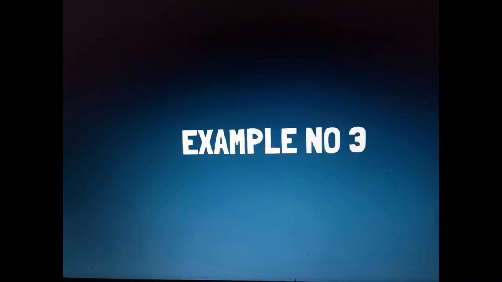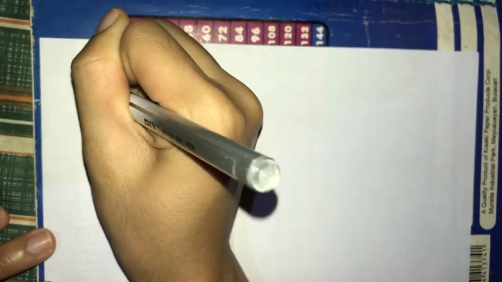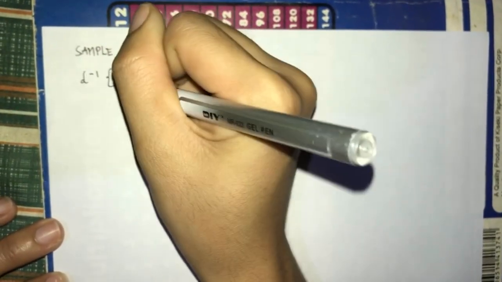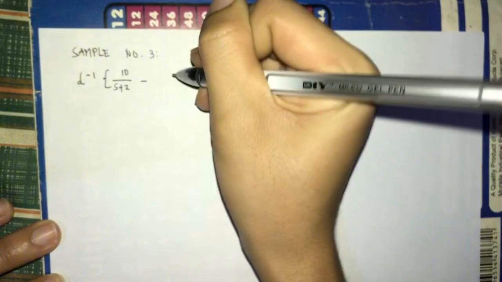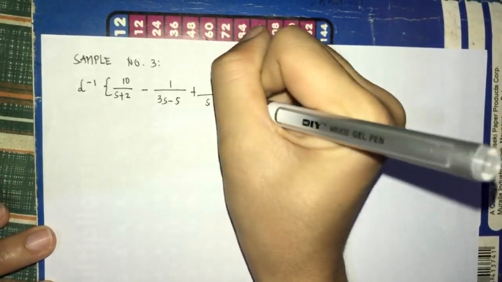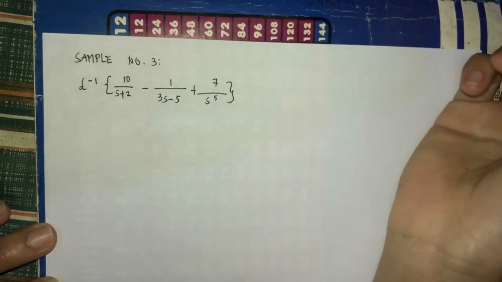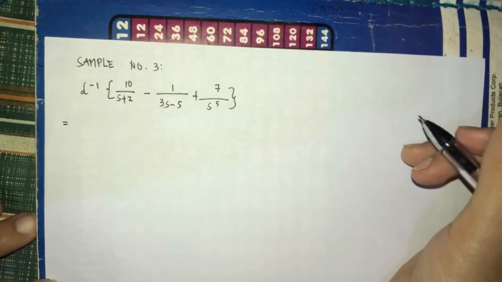Example number 3. The next one is the inverse Laplace of 10 over s plus 2, minus 1 over 3s minus 5, plus 7 over s raised to 5.